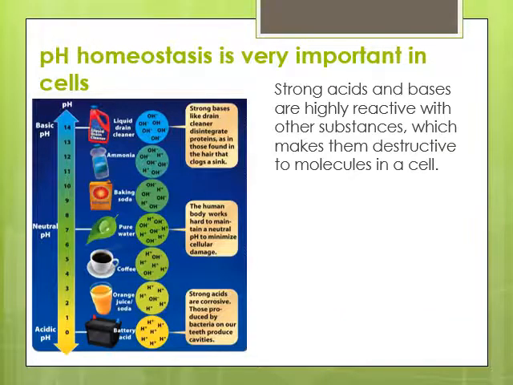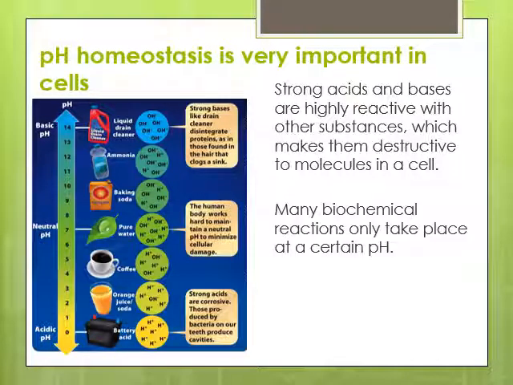Okay. So again, pH homeostasis is very important in cells. Strong acids or bases usually are really reactive with other substances as well. That can make them really destructive to any molecules in a cell, which means that most of the biochemical reactions can only take place at a certain pH. So you might have something that can only happen if your pH is at 7.4.